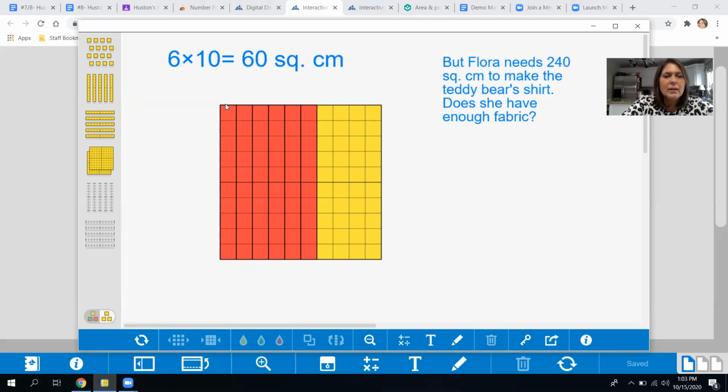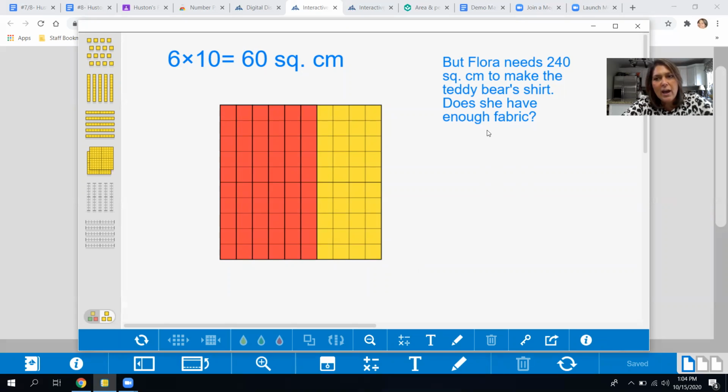So if she had a length of 10 centimeters, and we're assuming that each of these blocks is a centimeter cube, and we're only going to think two-dimensionally right now because it's just a piece of fabric. It's not a three-dimensional object. And she had a width of 6 centimeters. And you know the area formula is length times width. That would simply be 6 times 10, which would make it 60 square centimeters.